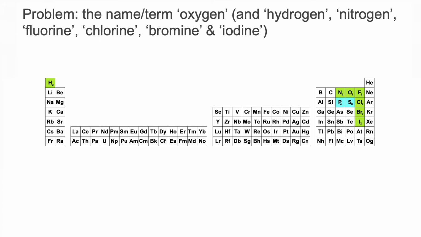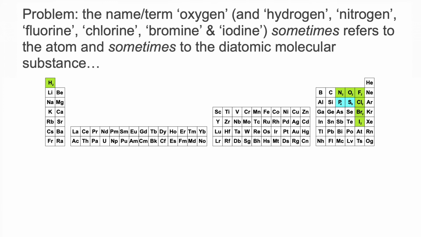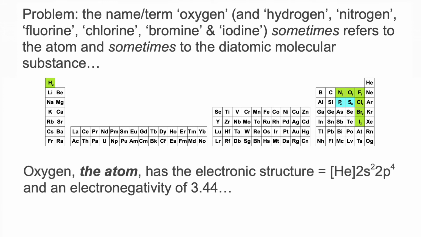There's a problem with the terms oxygen, hydrogen, nitrogen, fluorine, chlorine, bromine and iodine. Sometimes this refers to the atom and sometimes it refers to the diatomic molecular substance.